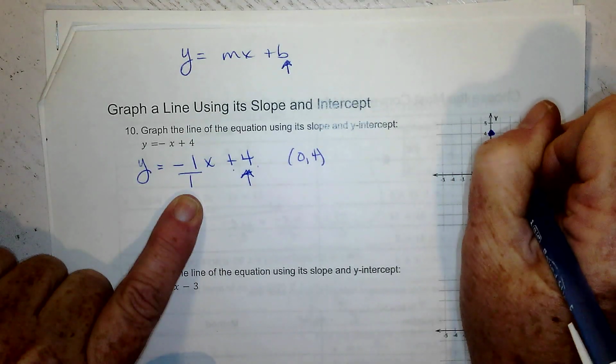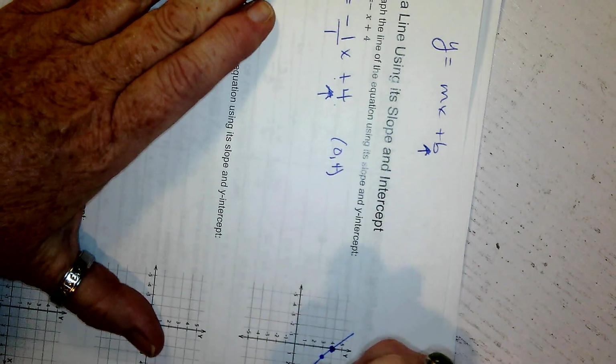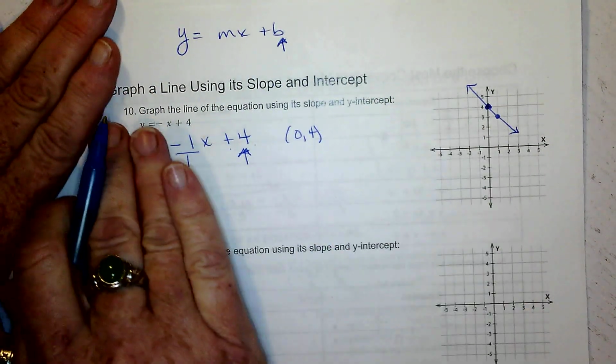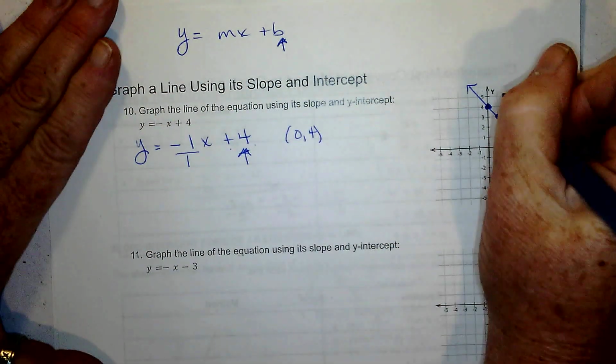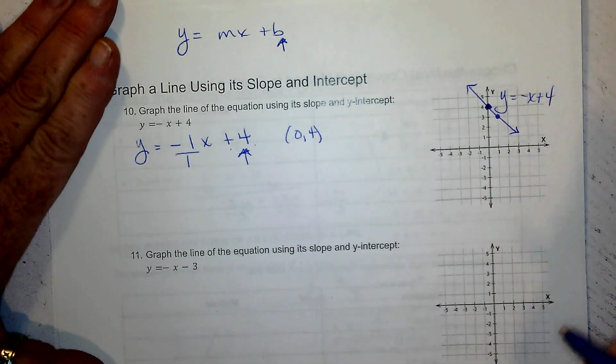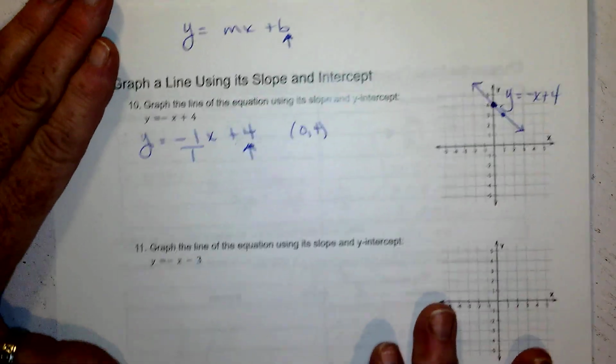So our next point is right here. You're going to connect the dots, extend them in both directions with arrows. And then once you're done drawing this, you want to represent it properly. So you want to label it with the name of the line, which is y equals negative x plus 4. That is the proper way to show this, okay?